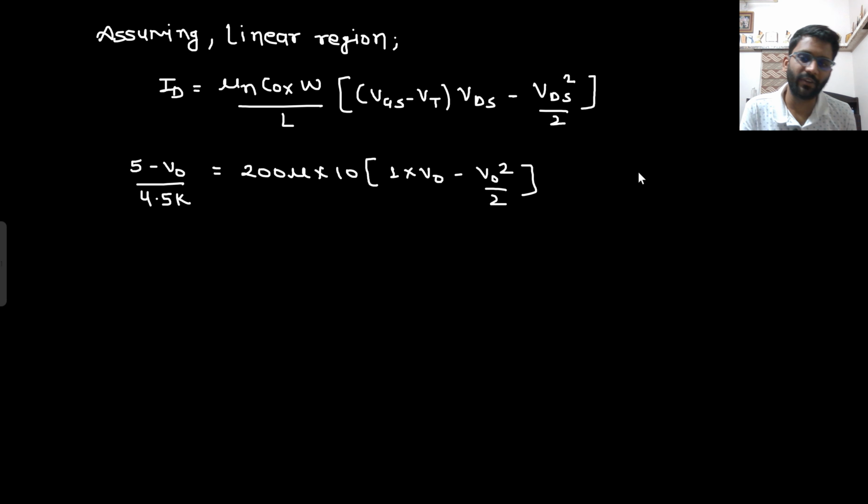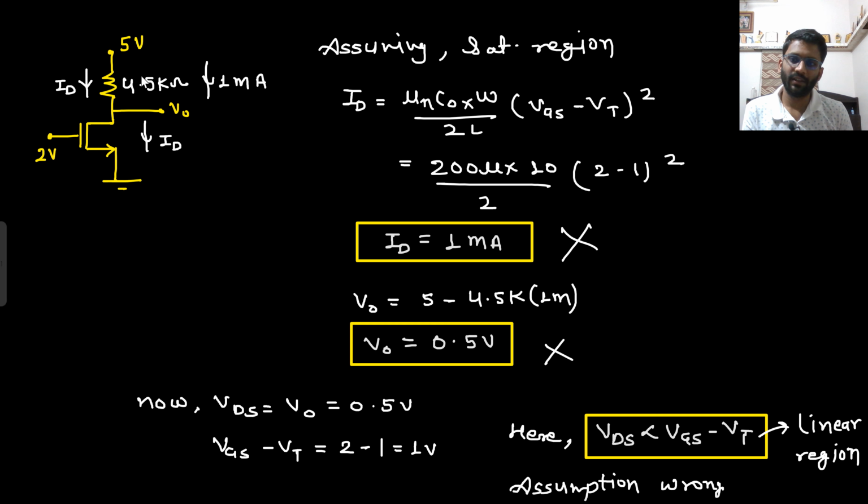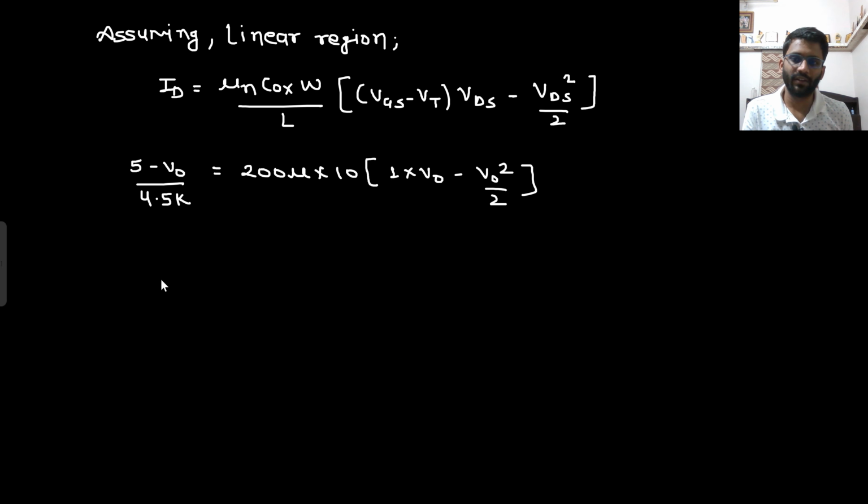Now my complete equation is in V naught only. Are you getting this point? So that's why I replaced ID with (5 minus V naught) by 4.5K. So from here, what do you get? This is 2 milli and 4.5 kilo. What I will do is, this value is 2 milli, and if I multiply 2 milli into 4.5K, then K and milli will be cancelled.